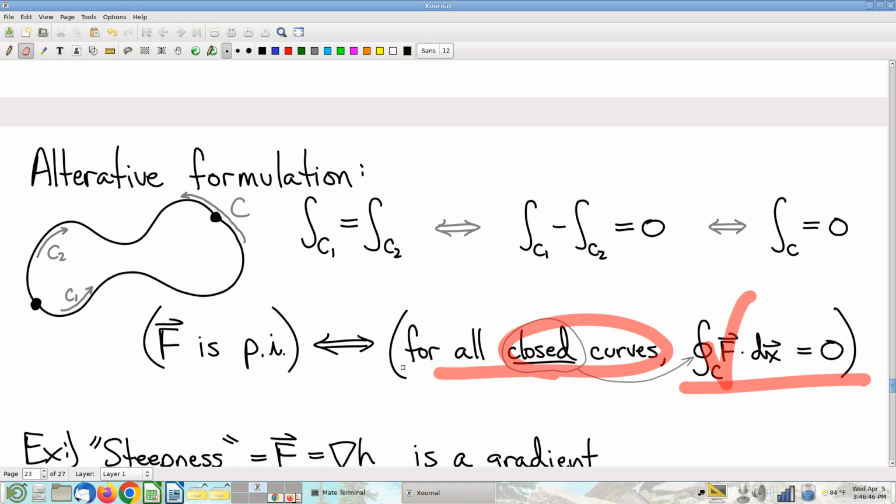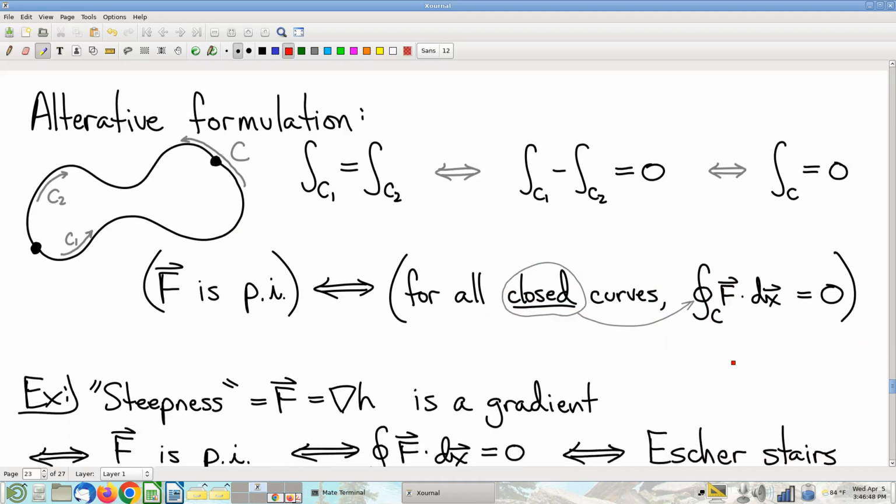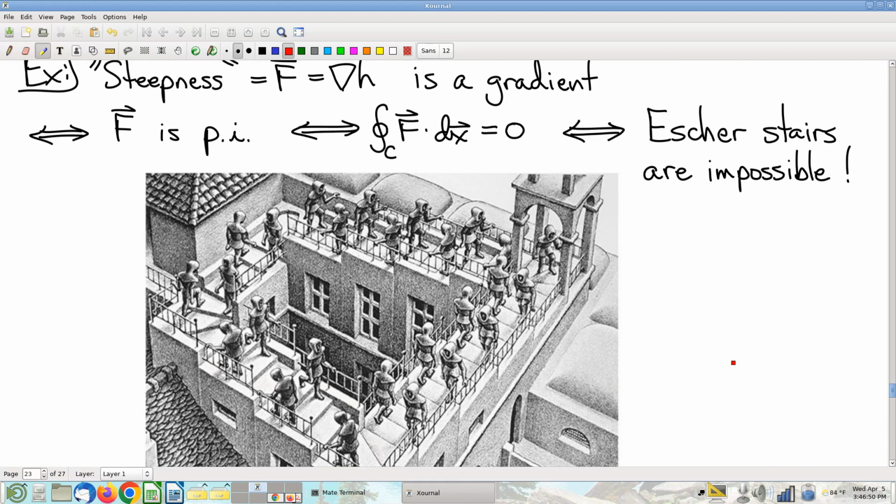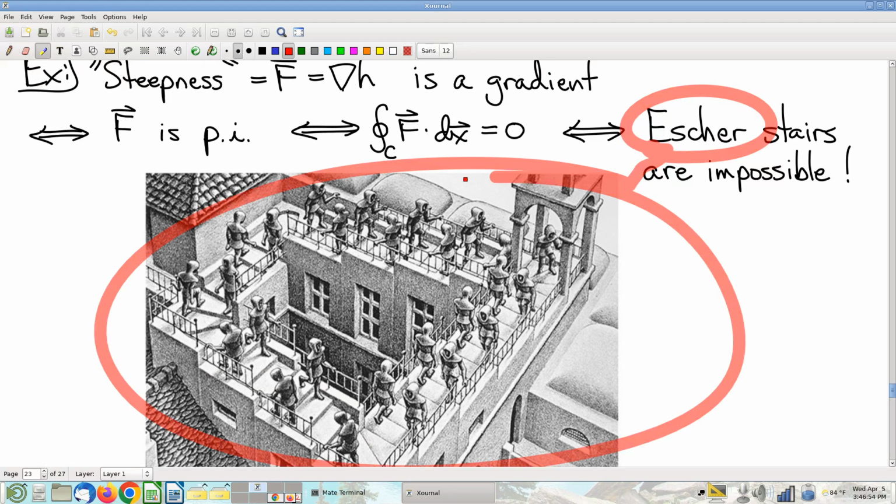Okay, so nice example that's going to connect up to some M.C. Escher is the artist that drew this. If you've ever seen his art before, you might recognize this one. This is one of his most famous ones, but he's done a bunch of art that is what I call geometric contradictions, geometric paradoxes, geometric nonsense.